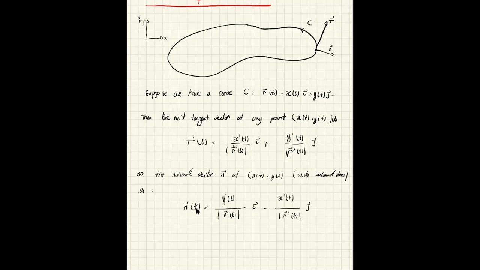And again, you have two choices here. But because of the sign, if you look carefully, when x prime is increasing it will be negative, and when x prime is decreasing it will be positive. So if you look carefully, this one is always the outward one.